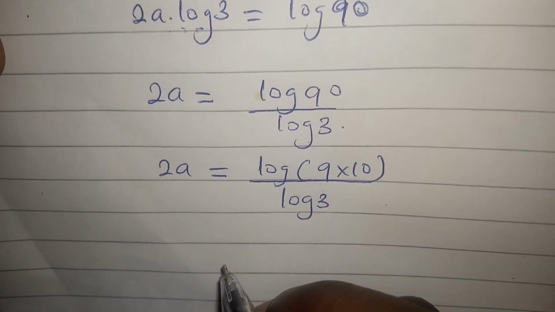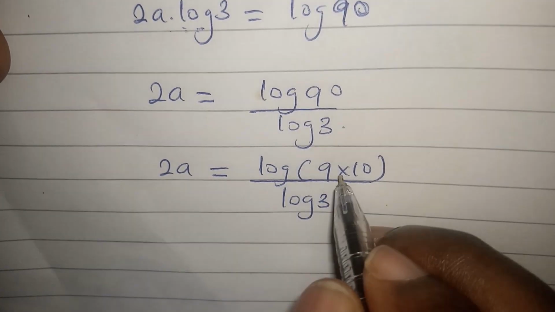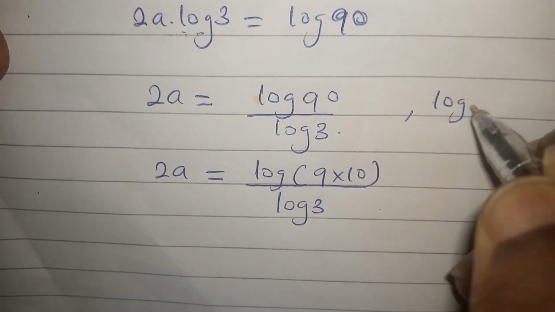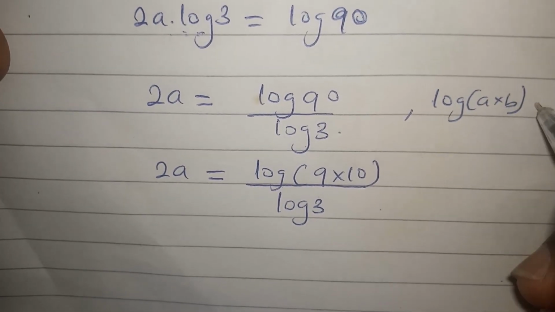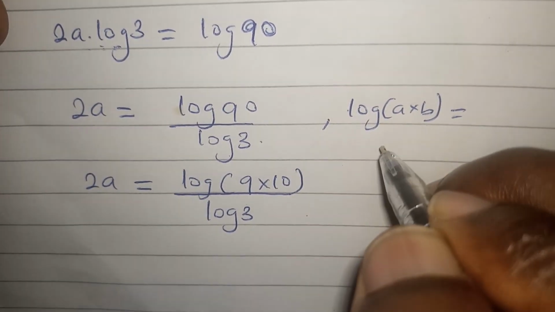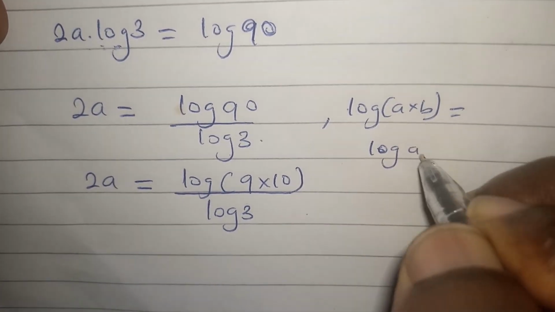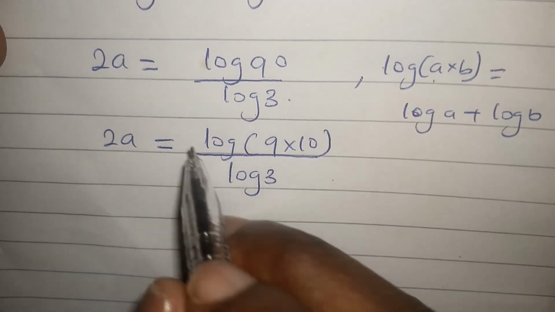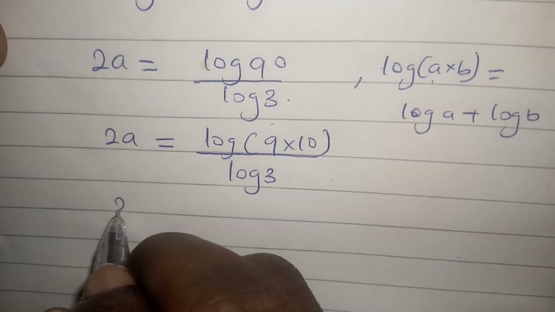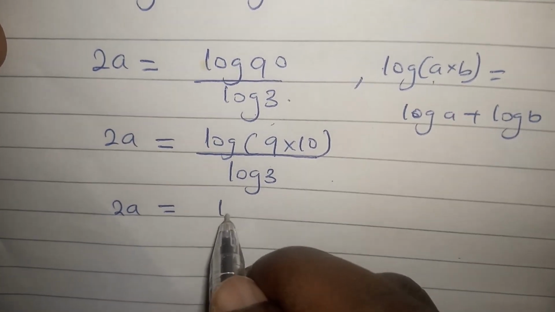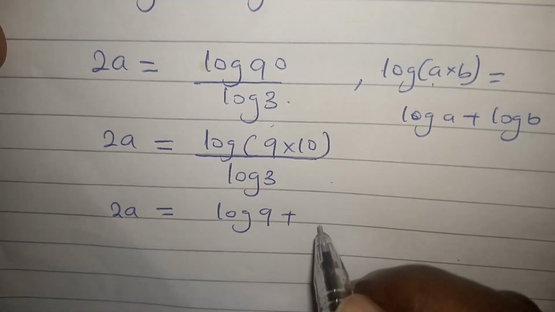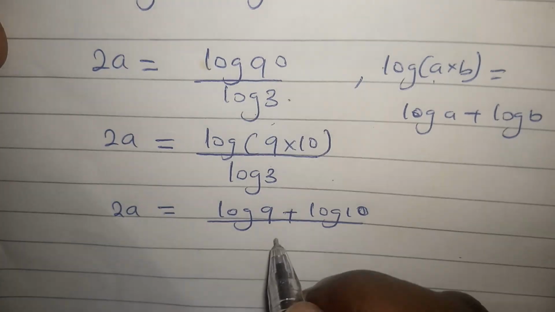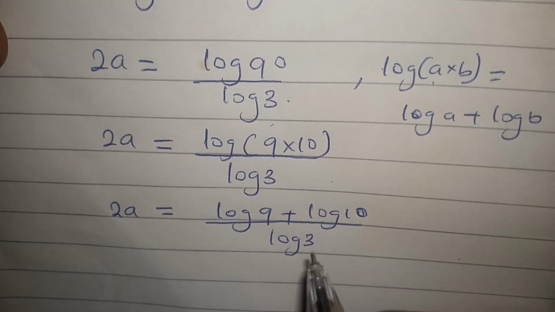At this numerator we are going to apply the log rule, which says that log of a times b is equal to log a plus log b. Putting this rule at the numerator, we have 2a is equal to log 9 plus log 10 over log 3.